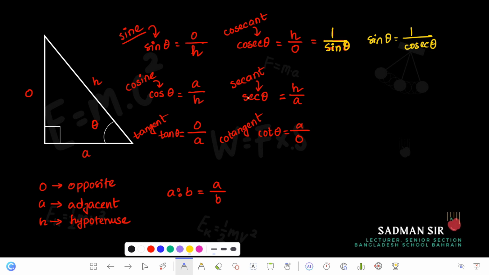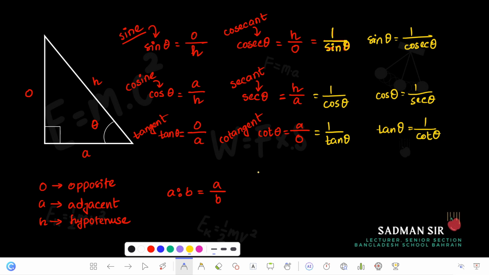Okay, now same goes for cos and sec. Sec is equal to 1 by cos theta, and again cos theta equal to 1 by sec theta. And here cot will definitely be 1 by tan theta, as you can understand, and tan theta can be written 1 by cot theta.